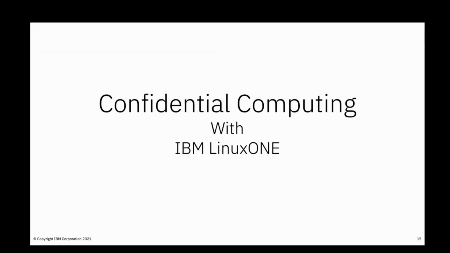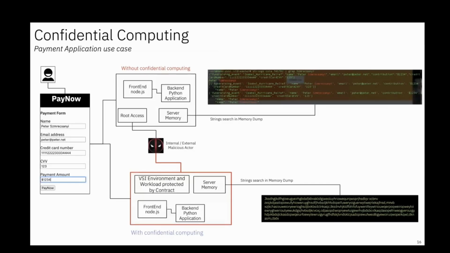So when it comes to confidential computing with LinuxONE, this is a very basic example of why it is necessary. First of all, if you see here, there are 2 sections of this chart, with confidential computing and without confidential computing. It's a simple application where you make a payment on a website or a mobile phone or something.